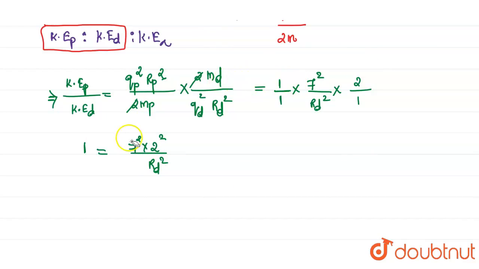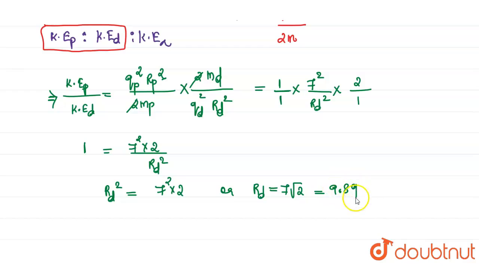Mass of a deuteron is 2, so there is no 2 square. Therefore, RD, that is radius of deuteron square, is equal to 7 square into 2, or radius of deuteron is equal to 7 into root 2, which is equal to 9.89. So this is the value for radius of a deuteron, in centimeters.